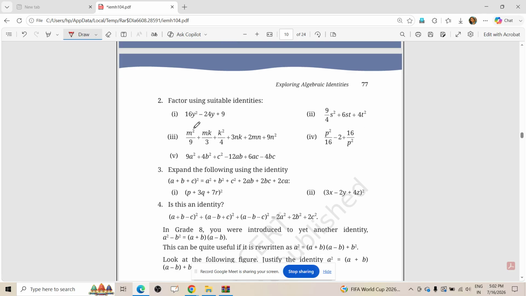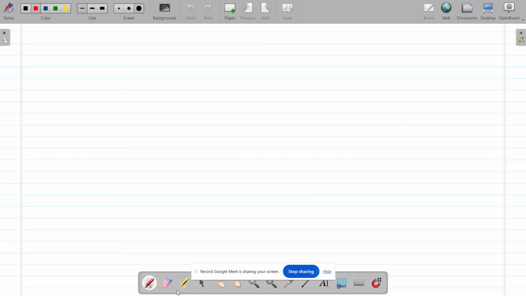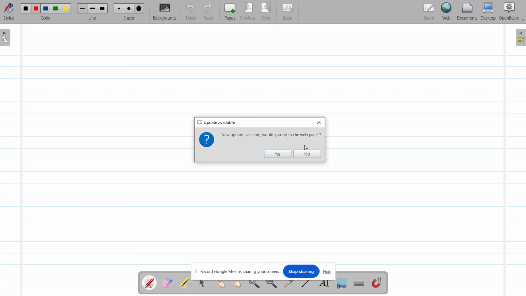So let us solve this: 16y squared minus 24y plus 9. Let us open the whiteboard. Yes, the question is here.